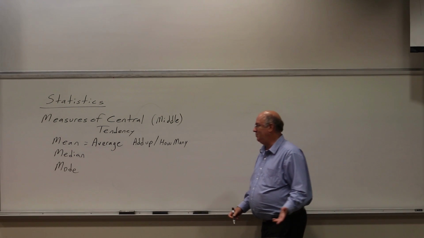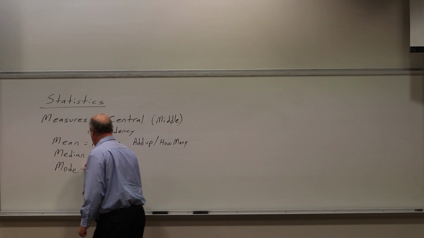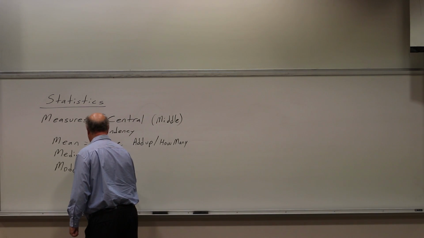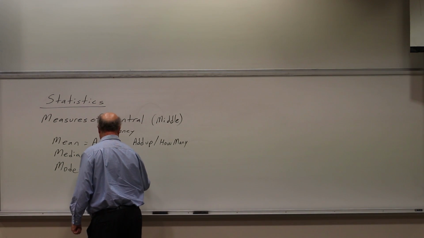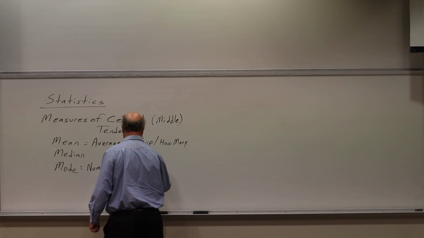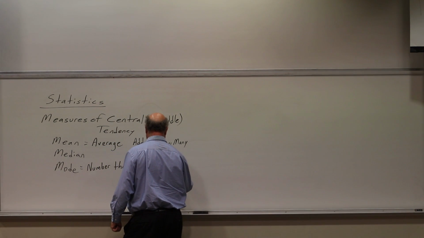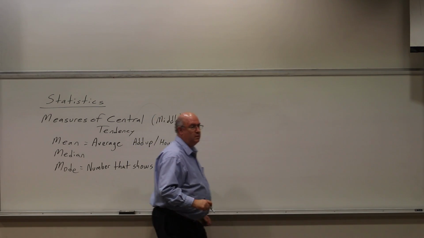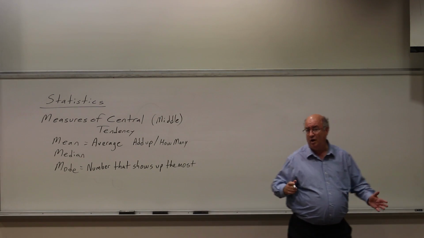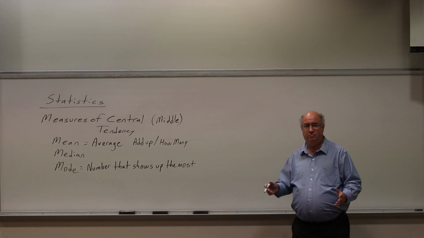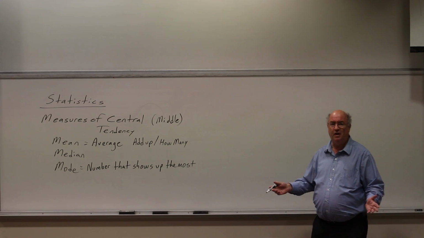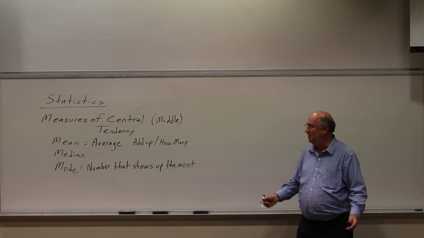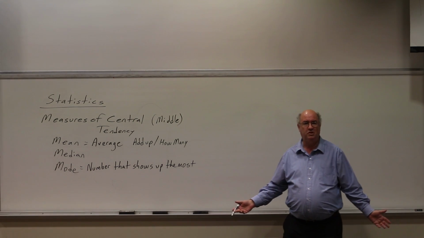Mode is the number that shows up the most. Put the numbers in order, low to high. If the number 17 shows up 5 times and all the other numbers show up 1 time, the mode is 17.